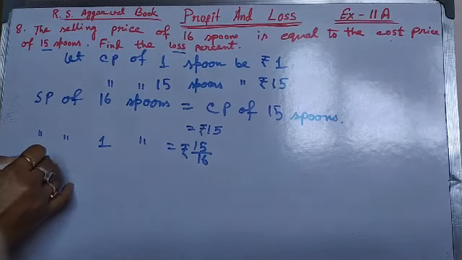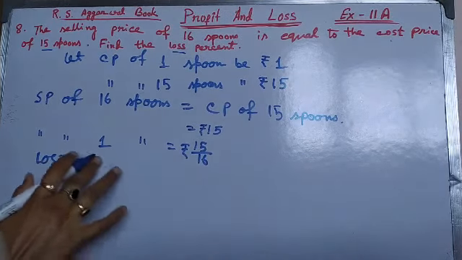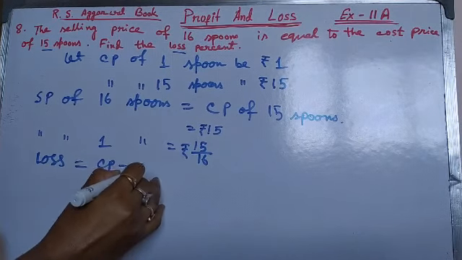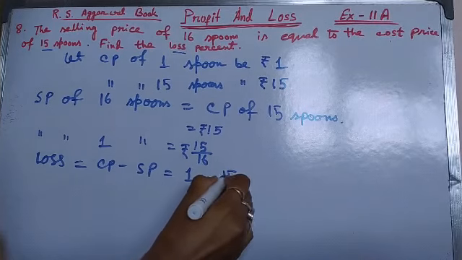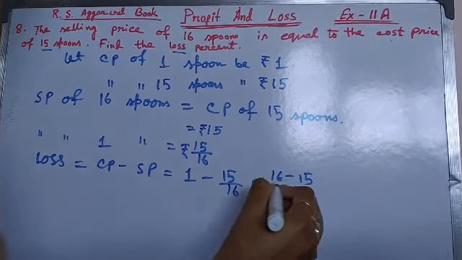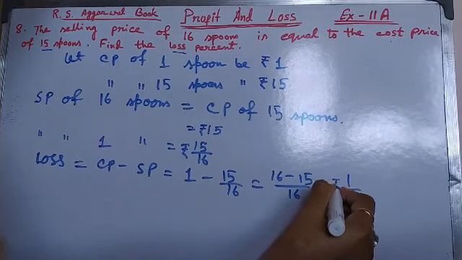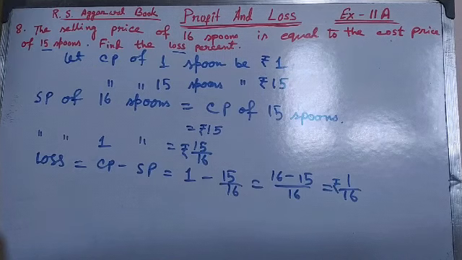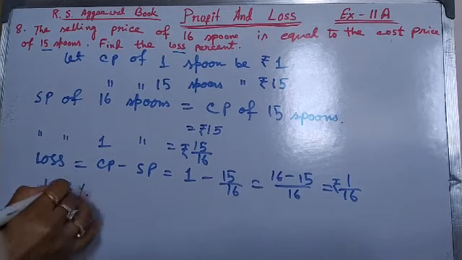That's why we will write loss equal to CP minus SP, that means 1 minus 15 by 16. After calculation the answer is 1 by 16. This is the loss.